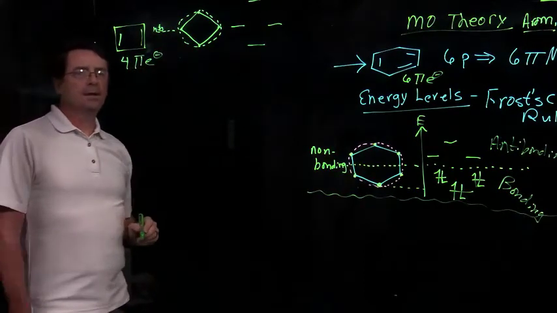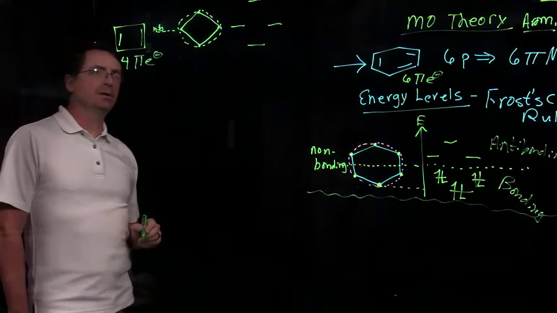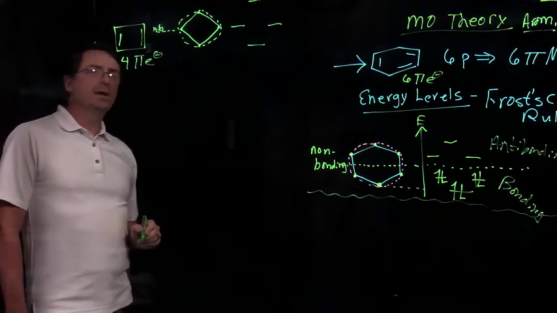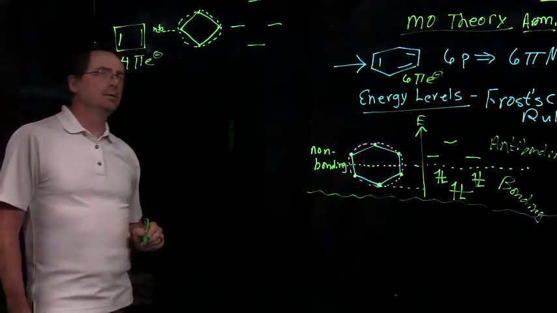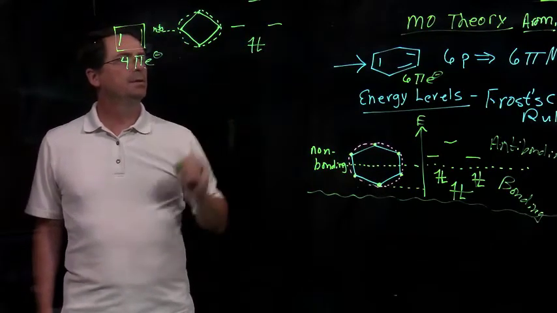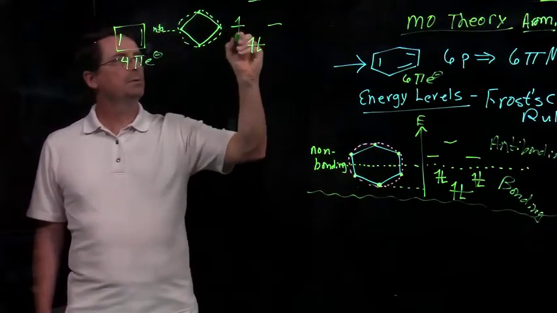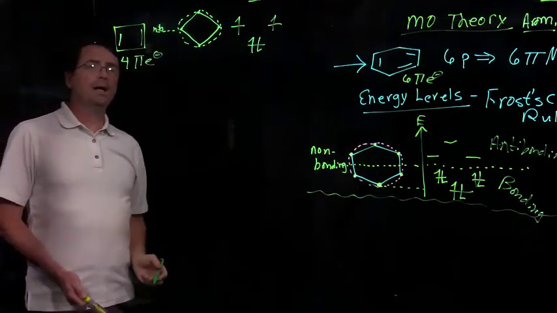Now we learned from our criteria that this was an anti-Huckel number of electrons. Let's see what happens if we consider our hypothetical square cyclobutadiene. We start to put in the electrons, 1, 2, and then following Hund's rule, 3, 4. That's all of our pi electrons.